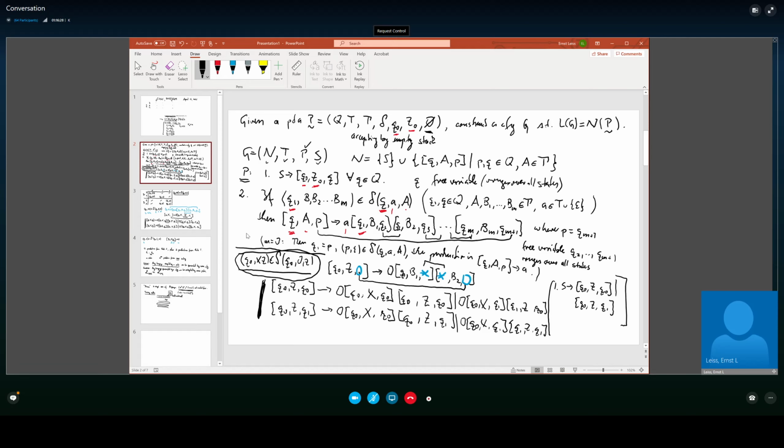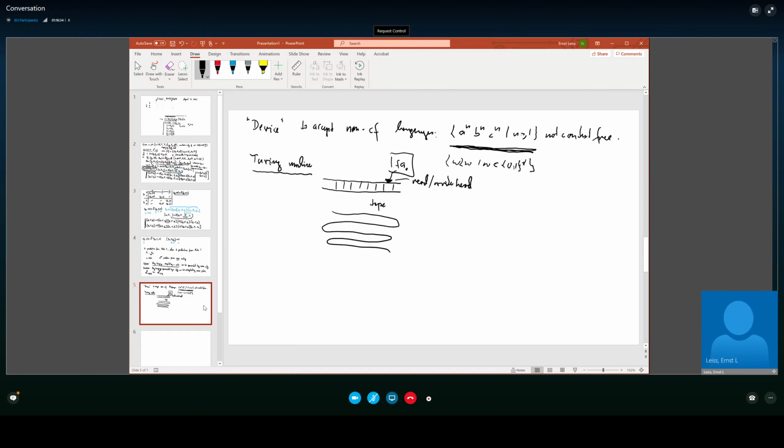And then my last question is on the Turing machine. This is not a stack at all, right? No. Tape. This is a tape, and it can mess with anything. If it changes the content of this cell and moves to the left, it can change the content of that cell, and then it can move to the right, and so on and so forth.